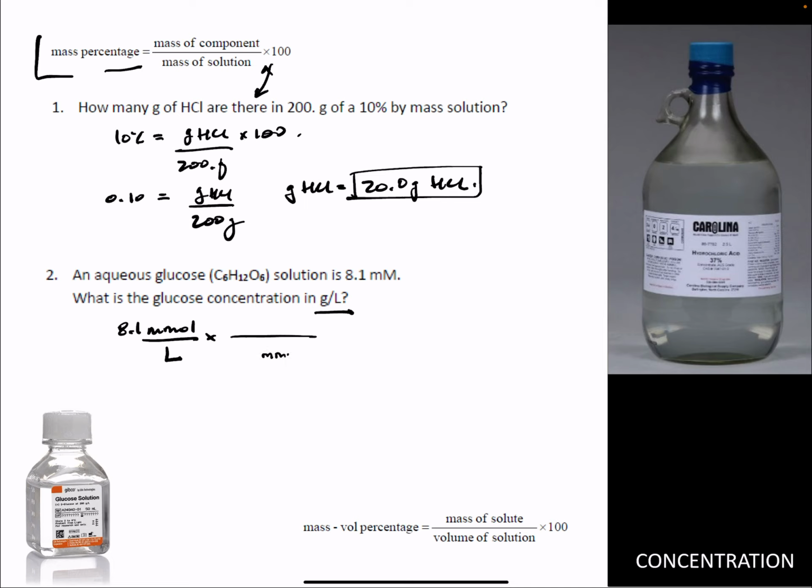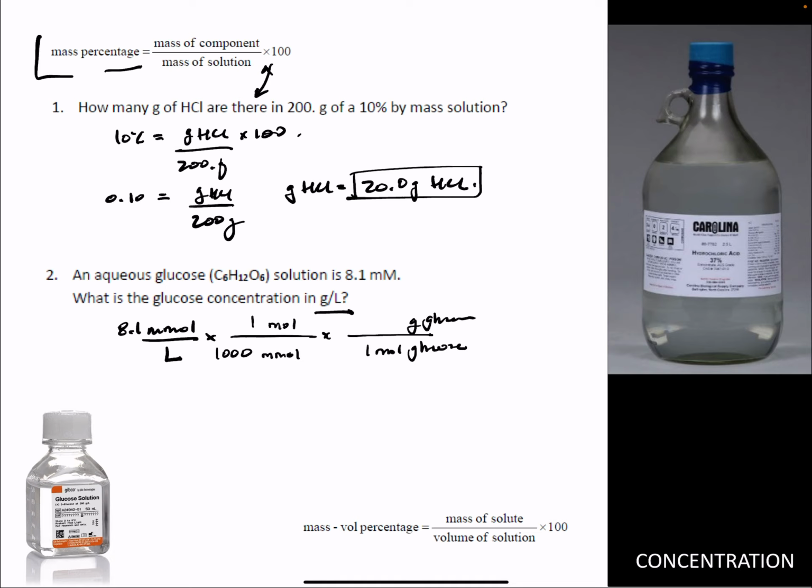Millimoles, I want to cancel, goes on the bottom, moles goes on top. 1 mole equals 1,000 millimoles. Now in moles per liter, I want to get to grams per liter, so I take 1 mole of glucose and turn it into grams of glucose.